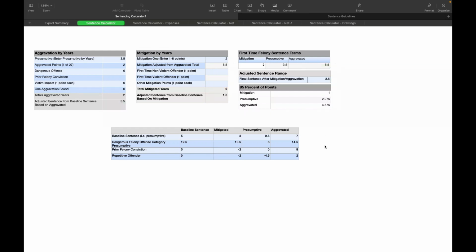So he stays within the presumptive range. It doesn't change. So mitigated without aggravated, 1.5. Aggravated, 5.5.